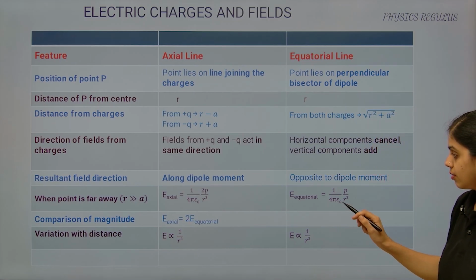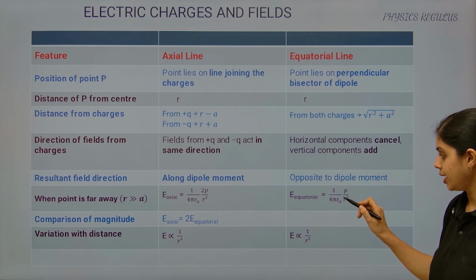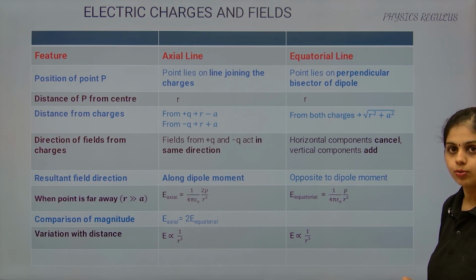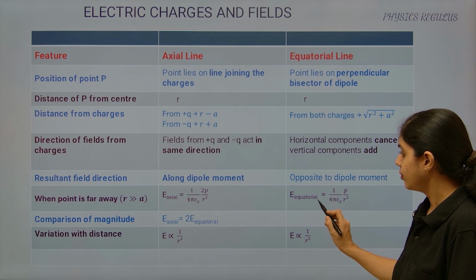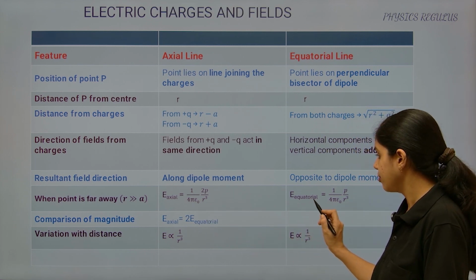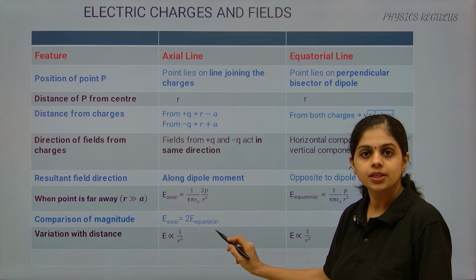Similarly, electric field for a point on the equatorial plane is given by kp by r cube. You can observe the relation between E axial and E equatorial. E axial is 2 times E equatorial.